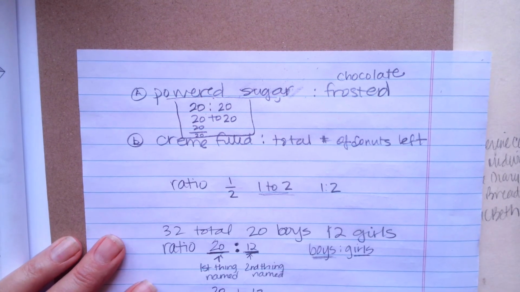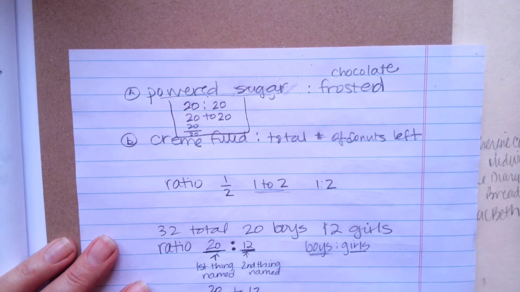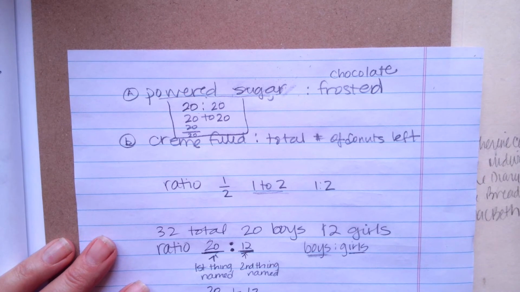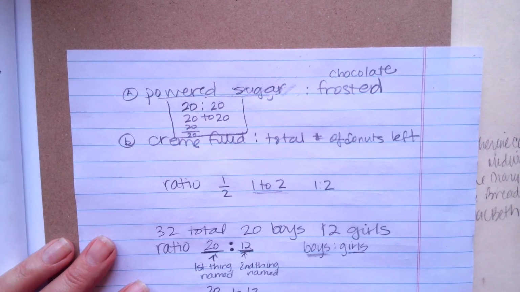They're not the same. So powdered sugar donuts is the first thing that they named. And then the second thing they named is chocolate frosted, which it's still 20, 20, but you always do the first one first. Okay.